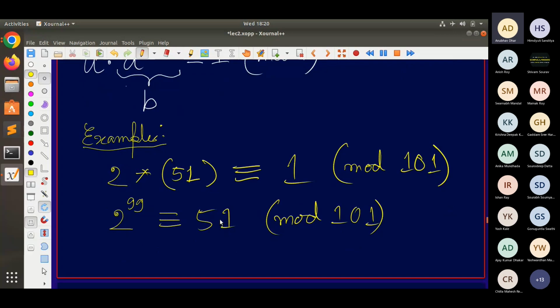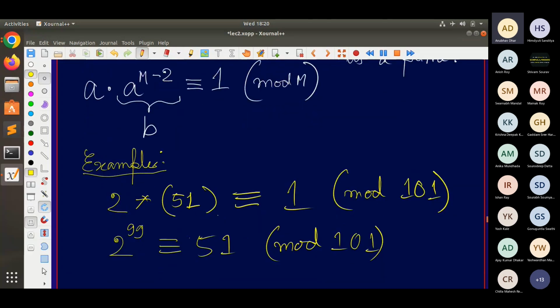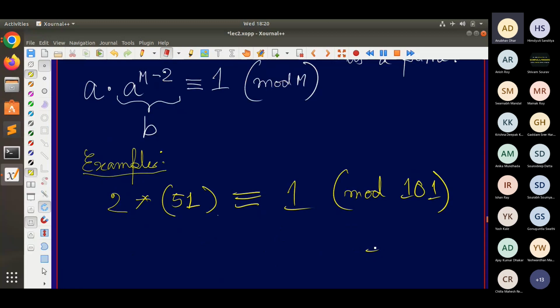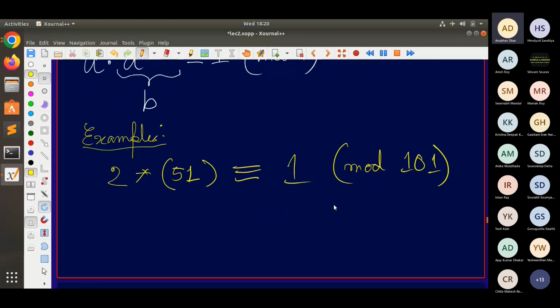You can actually prove this in some other way as well, instead of doing the brute force of computing 2 to the 99. Okay, so let's prove this. This can be proved by something called uniqueness of inverse.